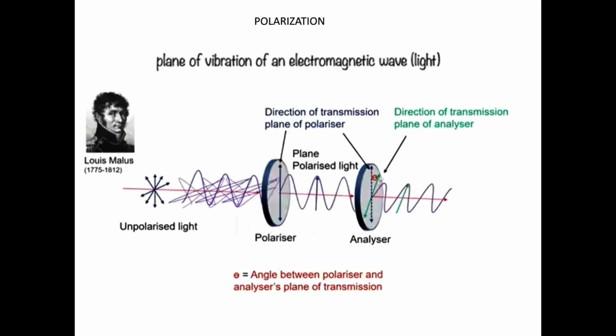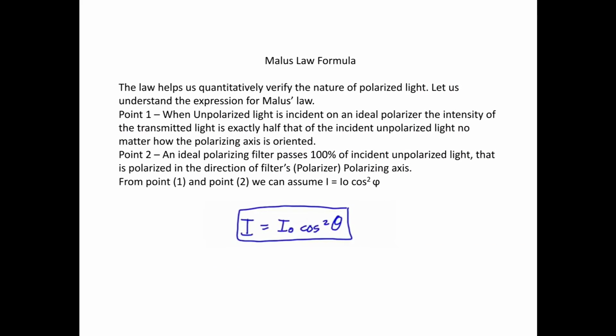Now in Malus' formula, we have 2 points. In point 1, when unpolarized light is incident on an ideal polarizer, the intensity of the transmitted light is exactly half that of the incident unpolarized light, no matter how the polarizing axis is oriented.